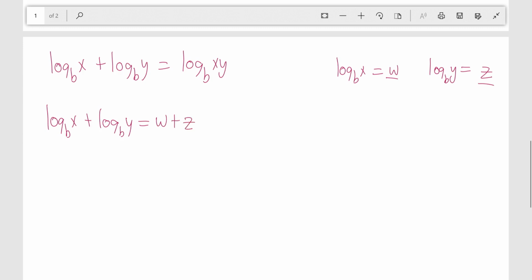So now I'm going to do a little algebra trick. I'm going to say that both sides of this equation are exponents with a base of b. So this is b to the power of log x plus log y equals b to the power of w plus z. I'm allowed to do this because I did the same thing to both sides.